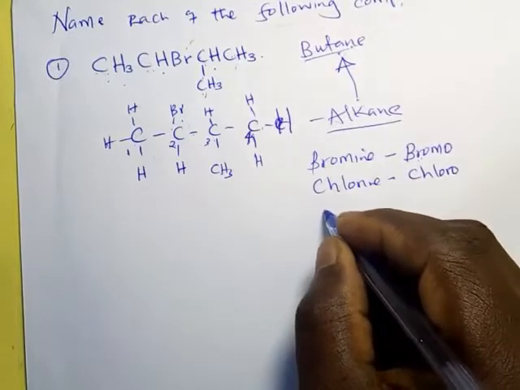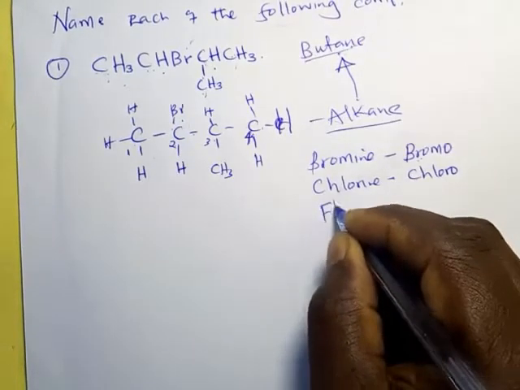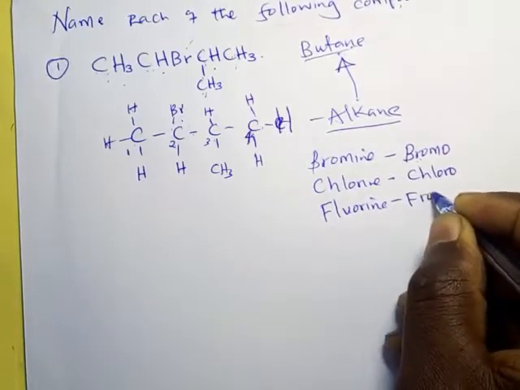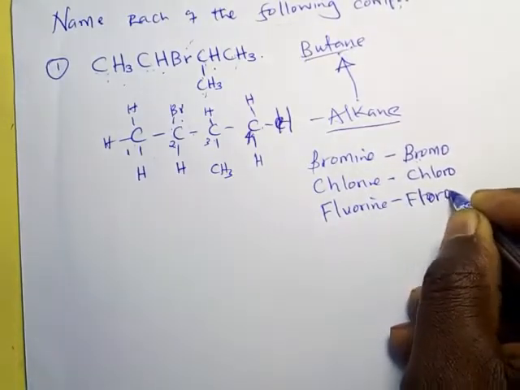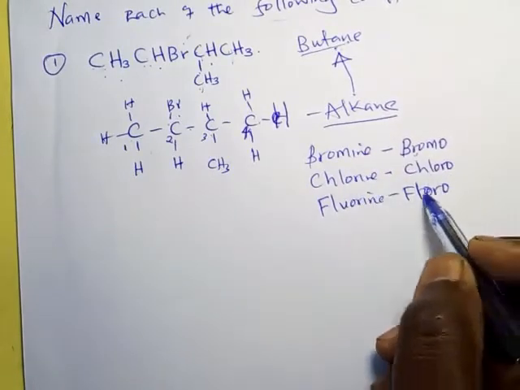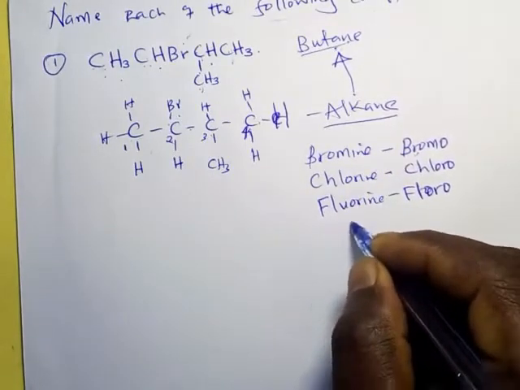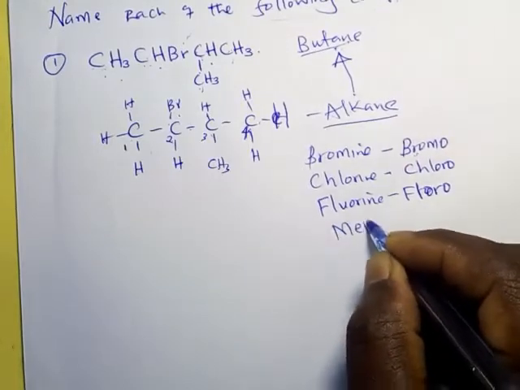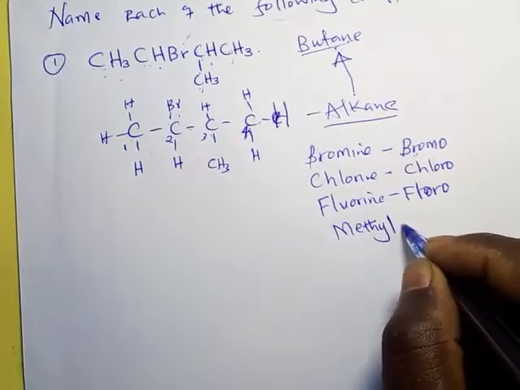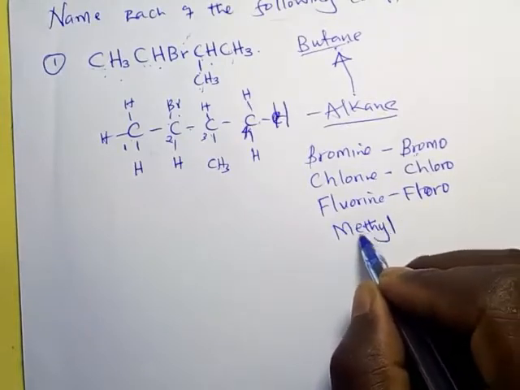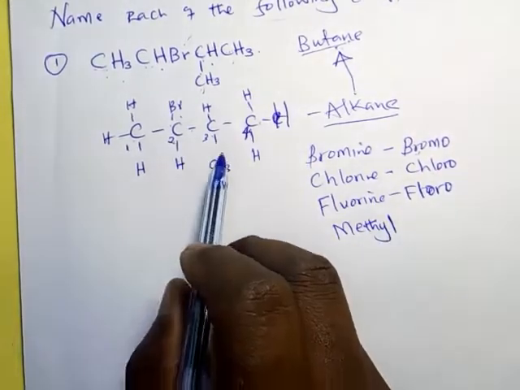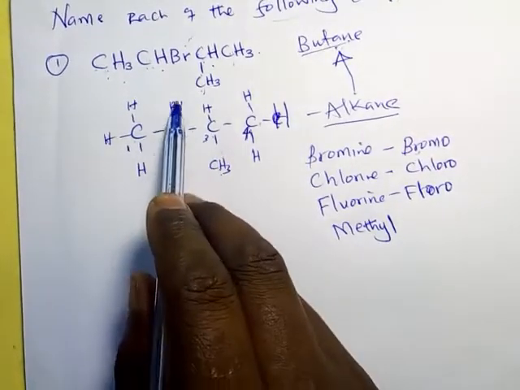If it is fluorine, we use fluoro. Another one is the methyl group. A methyl group is an alkane from which 1 hydrogen has been removed.